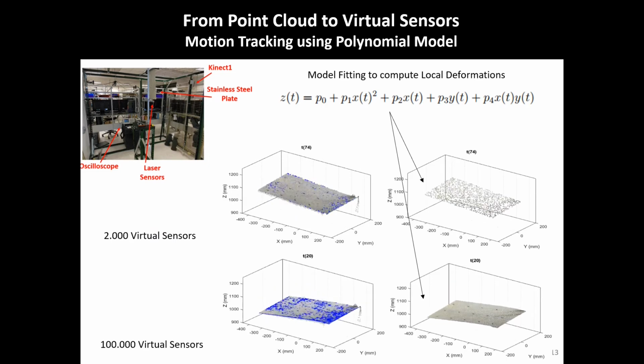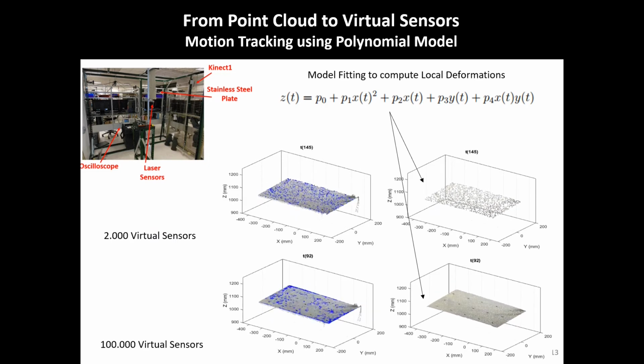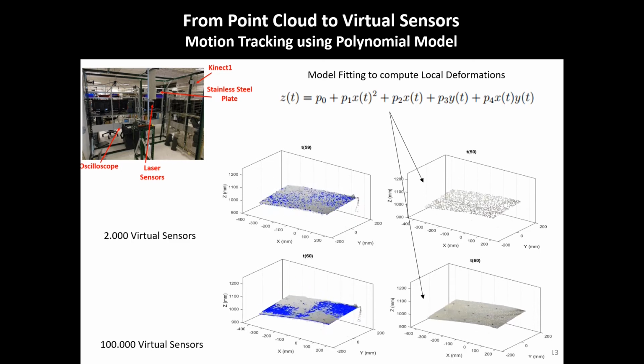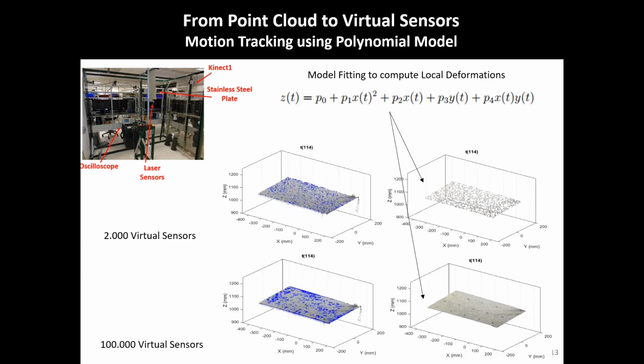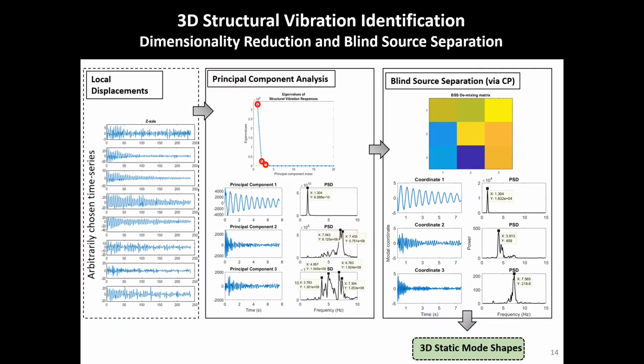It is important to highlight that the computation of the local deformations is performed using a simple polynomial model, chosen due to its simplicity and low computational cost, a mandatory requirement when processing the volume of data created by the dynamic point clouds. With the local displacement at hand, dimensionality reduction on the basis of principal component analysis is carried out, from which we can verify that the principal components are still a mixture of different modes.